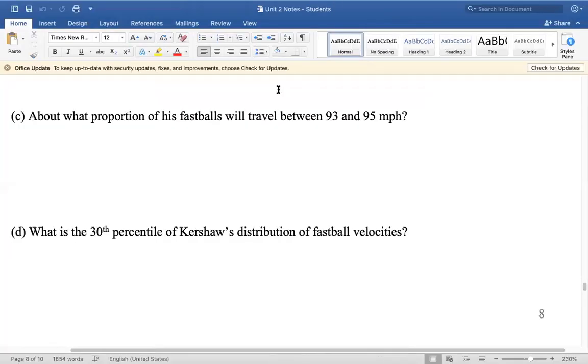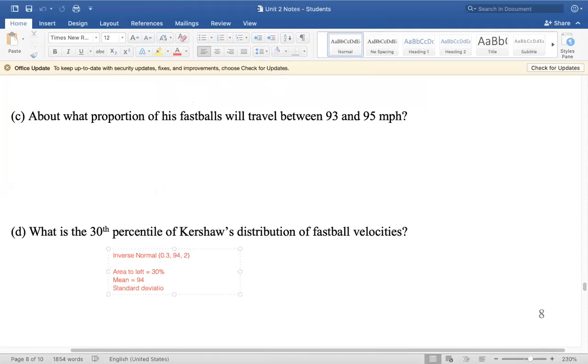And again, if you go back to the notes, you have the same thing. You have inverse normal, and you type in the area, 0.3, 94, and 2. And then you can label everything. So area to left equals 30%. Mean is 94.